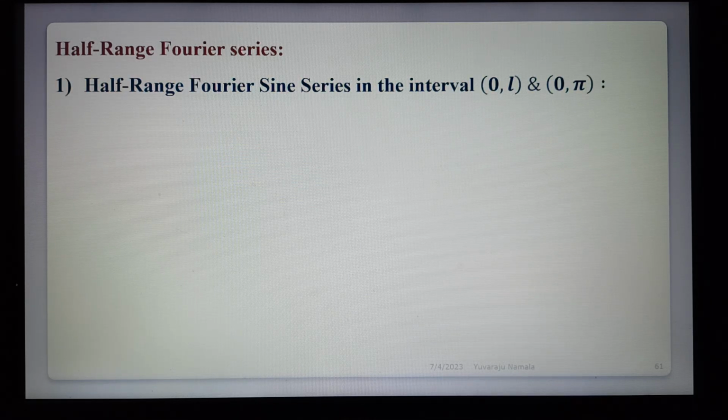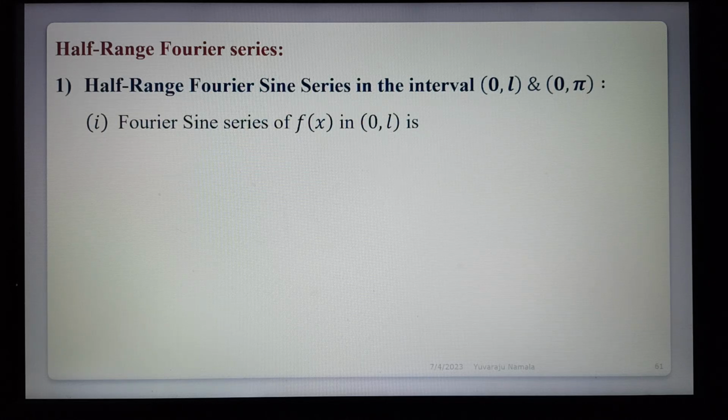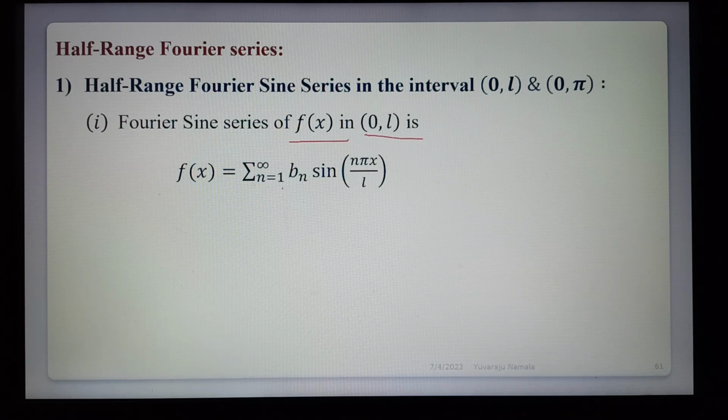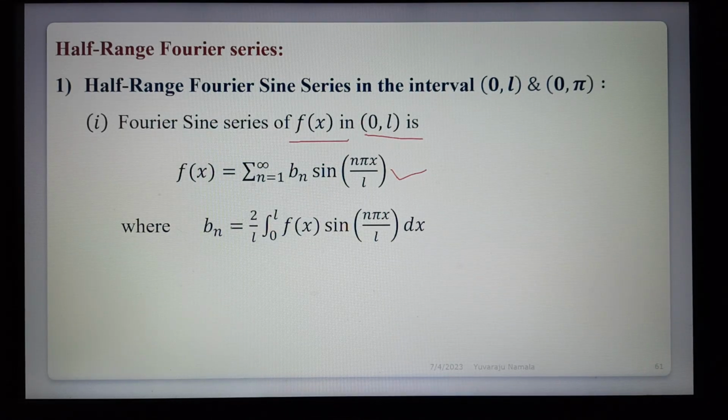First, the half range Fourier sine series in the interval 0 comma L and 0 comma pi. The Fourier sine series of f of x in the interval 0 comma L is f of x equal to summation n equal to 1 to infinity bn sin n pi x by L, where bn is equal to 2 by L integration 0 to L f of x sin n pi x by L dx.